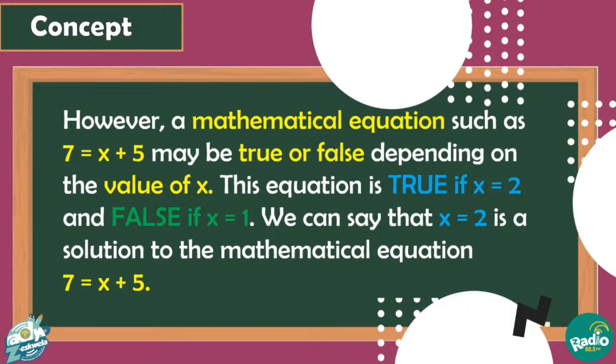This equation is true if x is equal to 2 and false if x is equal to 1. We can say that x is equal to 2 is a solution to the mathematical equation 7 equals x plus 5.